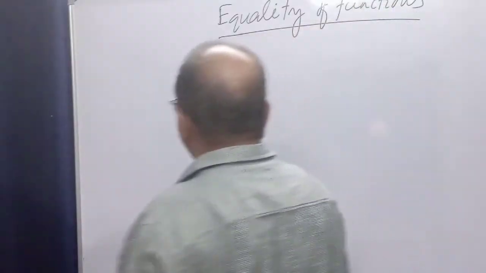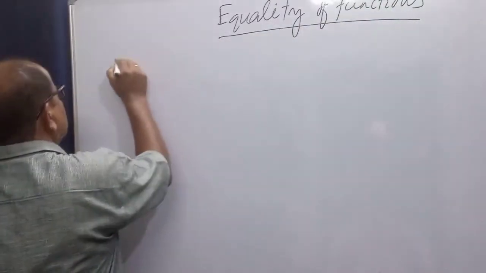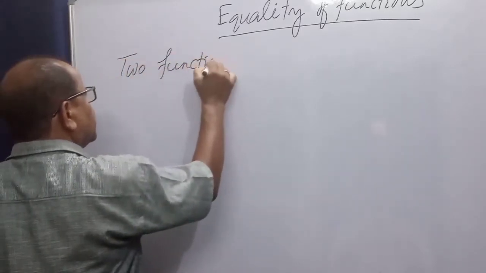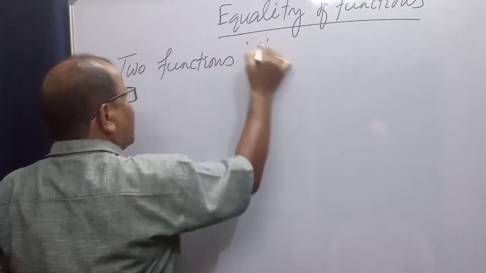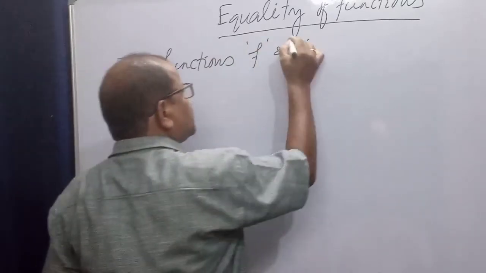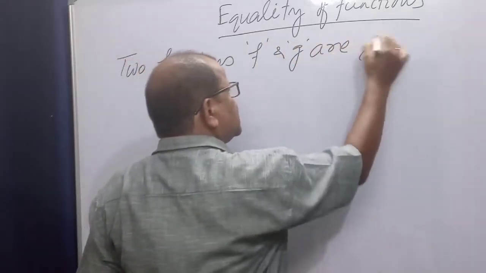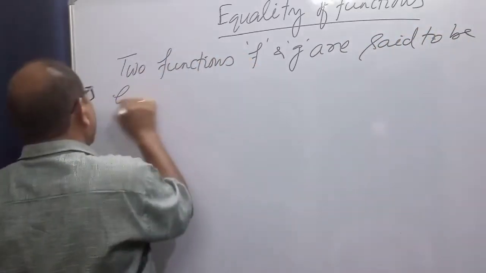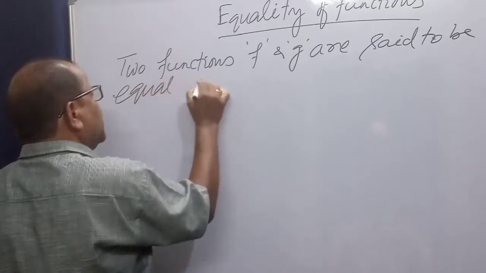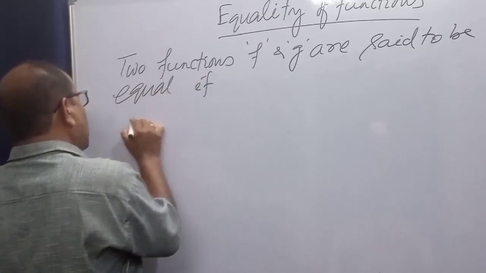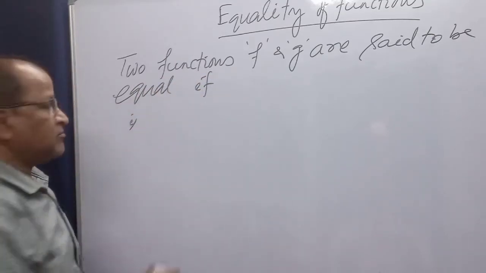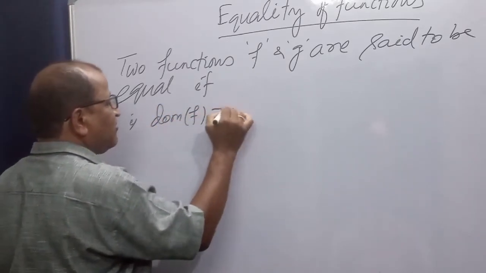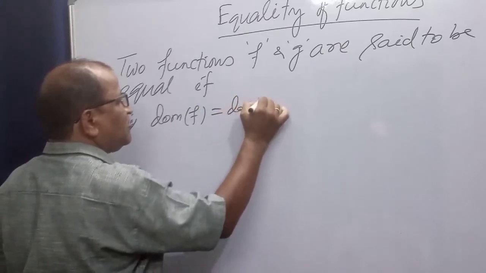Let us take the definition of equality. Two functions f and g are said to be equal if, number one, the domains of both the functions are equal: domain of f is equal to domain of g.